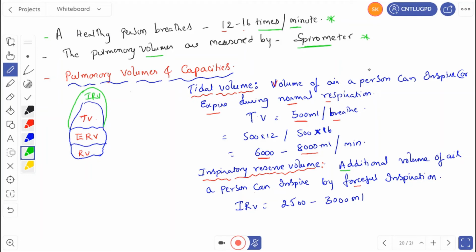It is around 2500 to 3000 ml. Normally the tidal volume is 500, and in addition you breathe 2000 or 2500 ml extra. That is called inspiratory reserve volume.